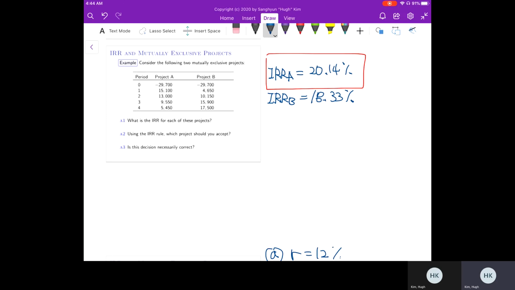So we do B minus A, the differences in cash flows between project B and project A. At year 0, the B minus A is 0.